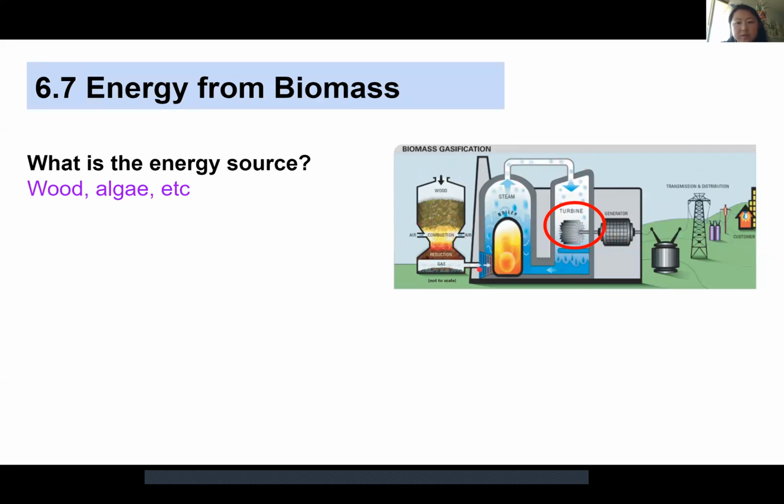Basically it runs through this boiler, which heats up the water that's in here, which then eventually all of this steam turns this turbine. So it's all about how do we get the turbine to turn, right?